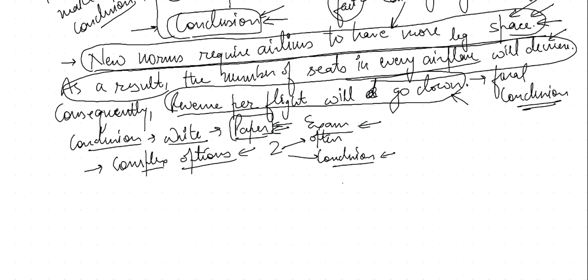Don't worry about that. The point here being, it's very difficult to keep two complex things in mind. We want our mind to be focused on one thing at a time. That's why we just want to write the conclusion so that we don't have to keep it in our mind. Write it, because trust me, if you don't write it and you have complex options, you'll always mess up the options with the conclusion. We want to avoid that.